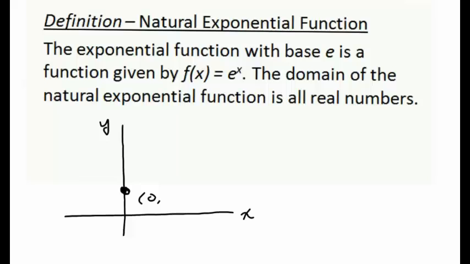So the point (0, 1) is always going to be on the curve e^x, and it's going to increase as we move right, just like our usual exponential functions, and it's going to decrease as we move to the left and get closer and closer to the horizontal asymptote of y equals 0.